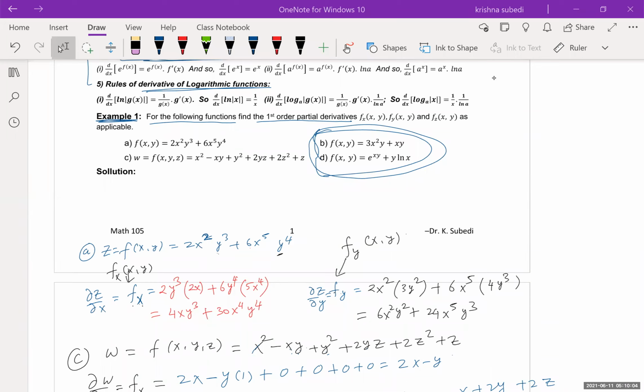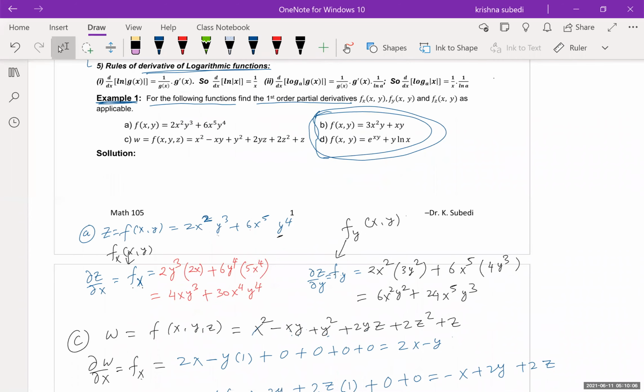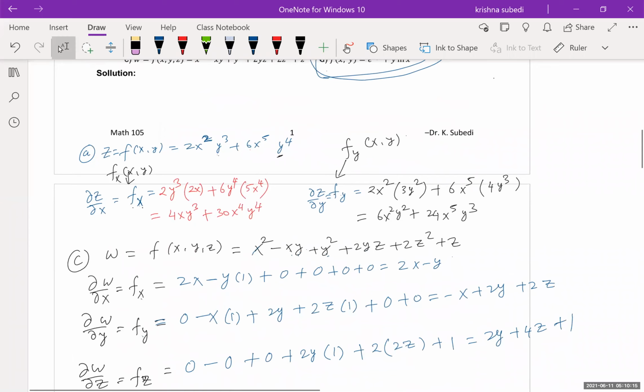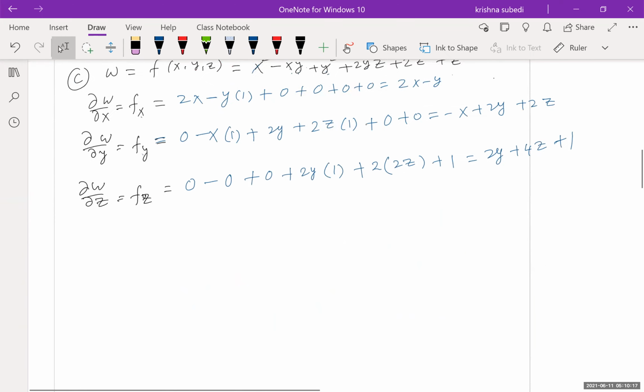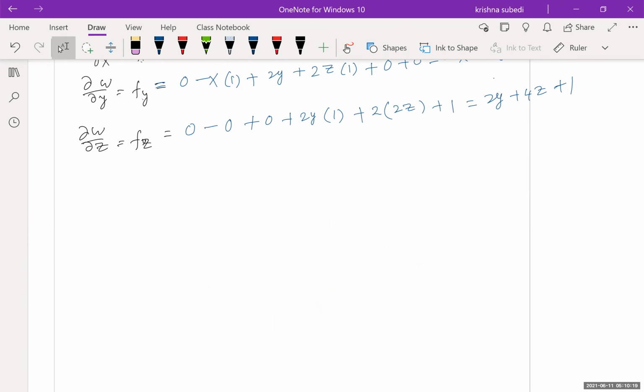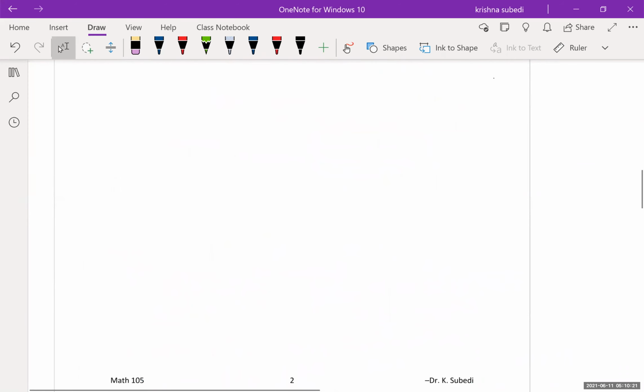Okay, guys. I trust that you are able to do part B and D by yourself. And if you need help, then I will provide you the solution in my lecture note in Canvas. Have a look.